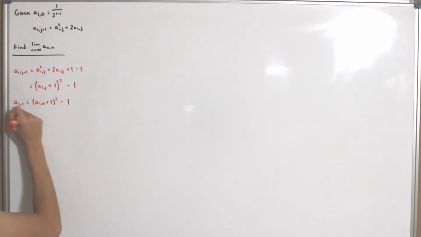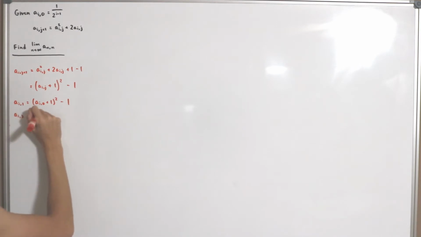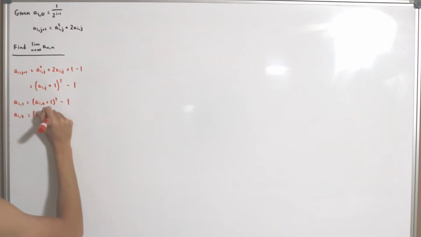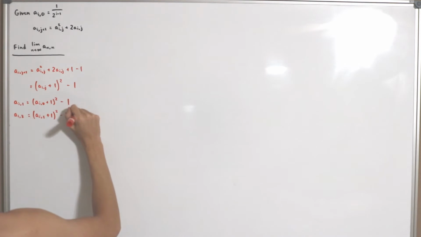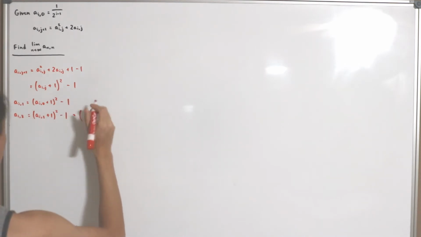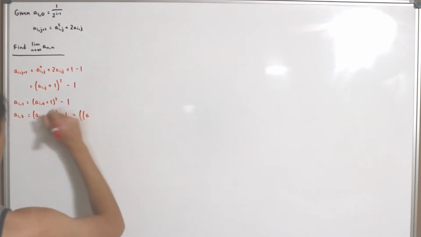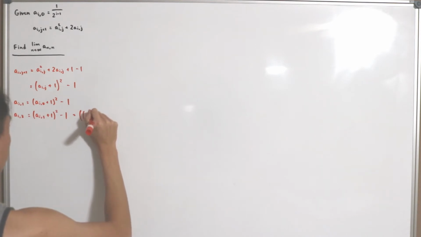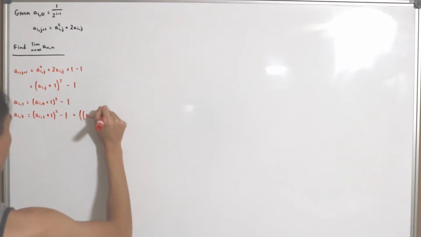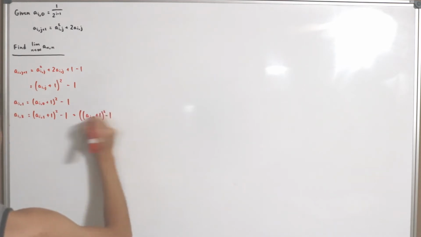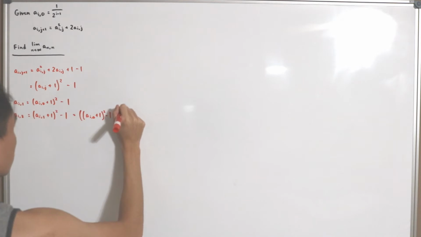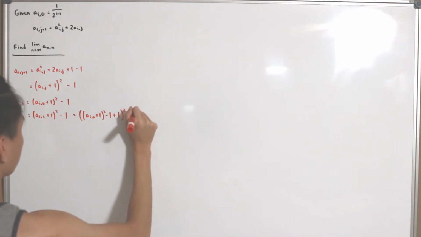Now a sub i,2 equals a sub i,1 plus 1 squared minus 1, which we can write as a sub i,0 plus 1 squared minus 1, plus 1, squared, and then minus 1.